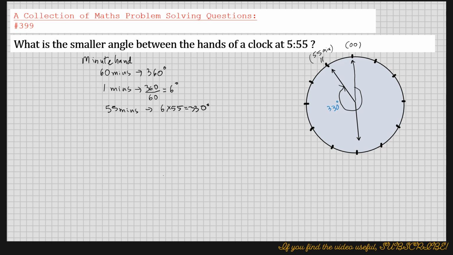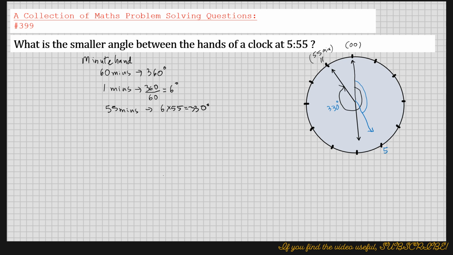My next challenge is to work out the movement of the hour hand. I will separate it into two parts. The hour hand first moves from 12 to 5, and this angle I would work out first.